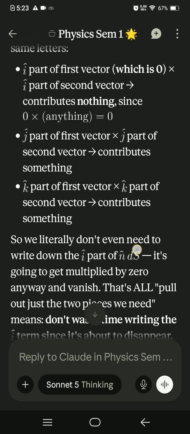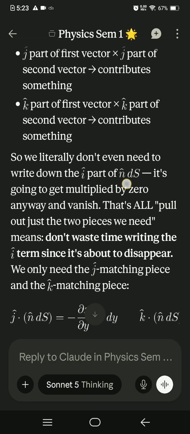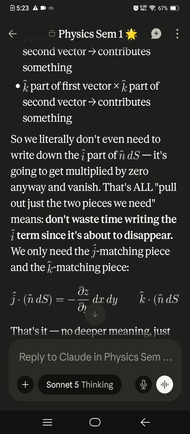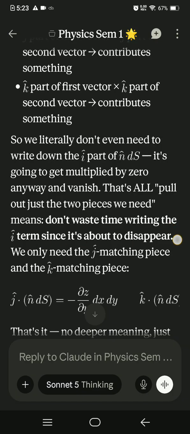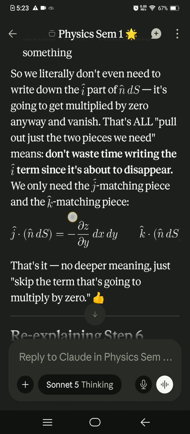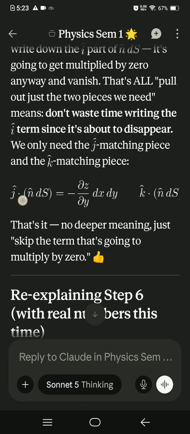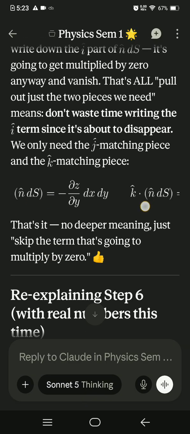Okay, so we literally don't even need to write the I part of NDS. It's going to get multiplied with 0. That's all. Pull out just the two pieces we need, means don't waste writing J matching piece to K. So J dot. But how did you bring J to this side?